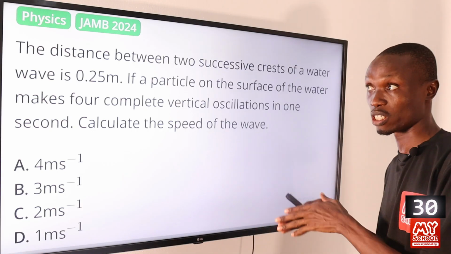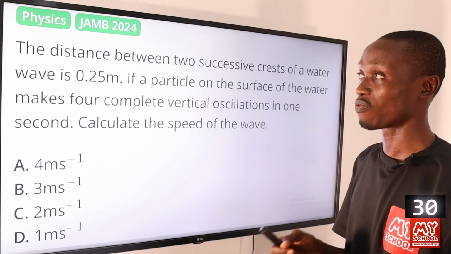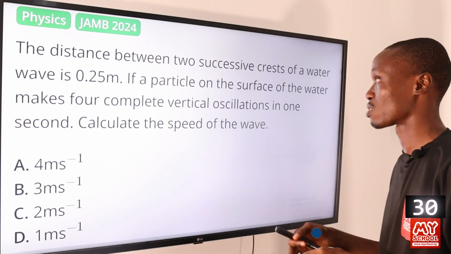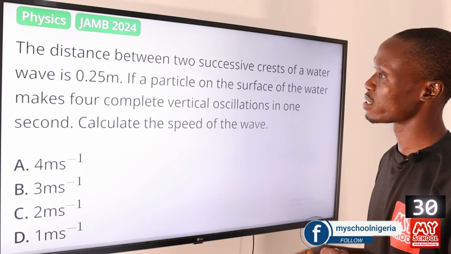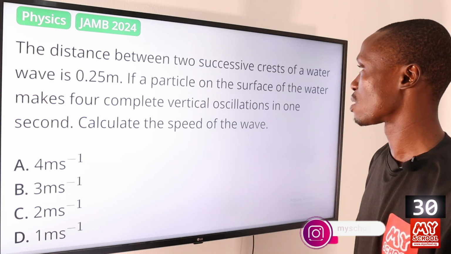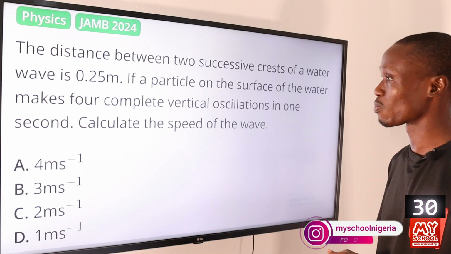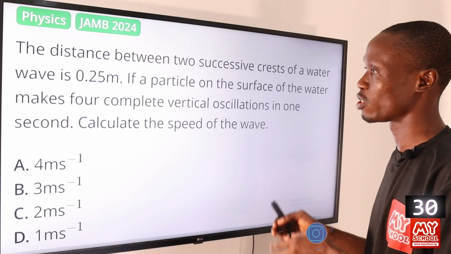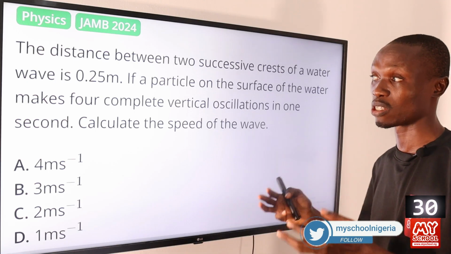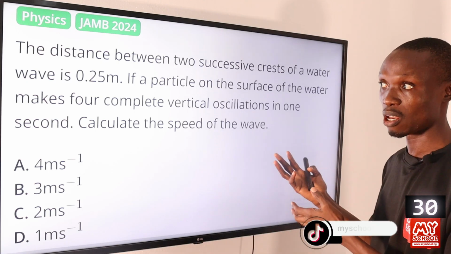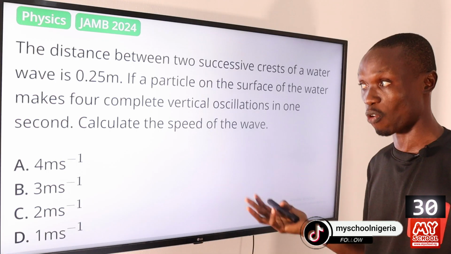So that actually suggests the wavelength, right? Because we define wavelength as the distance between 2 successive crests or 2 successive troughs, right? Then another thing from the question is that we are told that the particle on the surface of the water makes 4 complete vertical oscillations in 1 second. Now remember that we define frequency as the number of oscillations per second. So in this case, the frequency is equals to 4 Hz, right?